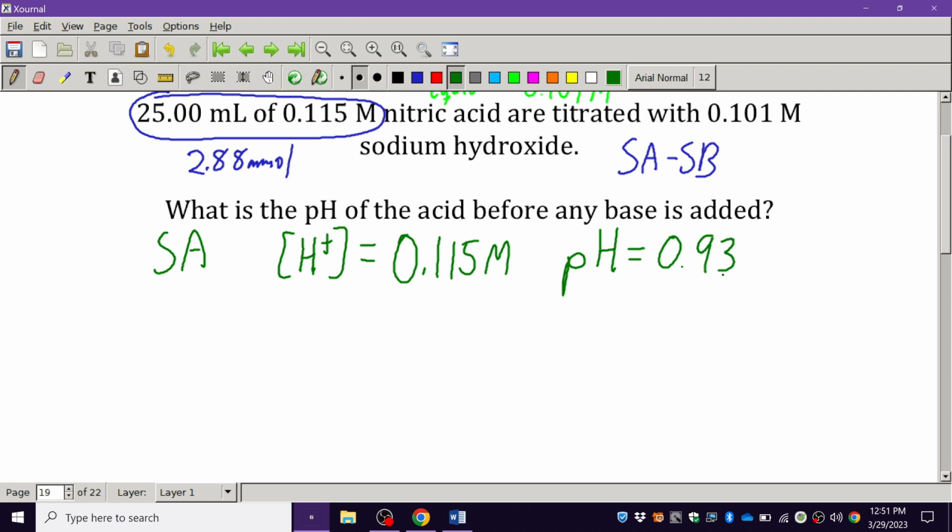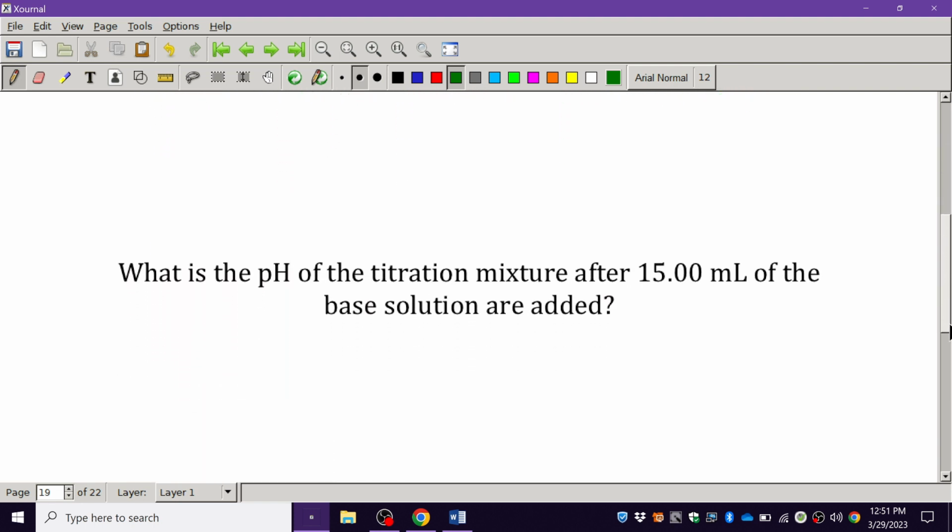We can go three decimal places here, and that's the only place we really can, because when we start introducing the base, that's going to reduce the precision. So 0.939. All right, easy enough.